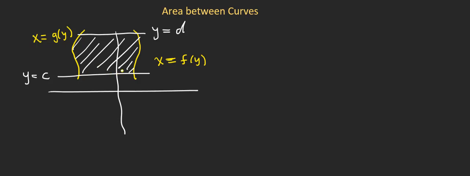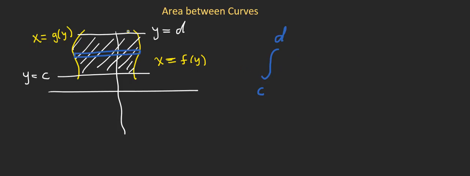Now, instead of using vertical rectangles, we have to use horizontal rectangles. We have to break down this region into a bunch of little horizontal rectangles. So in order to find the area, you're going to find the integral from c to d.